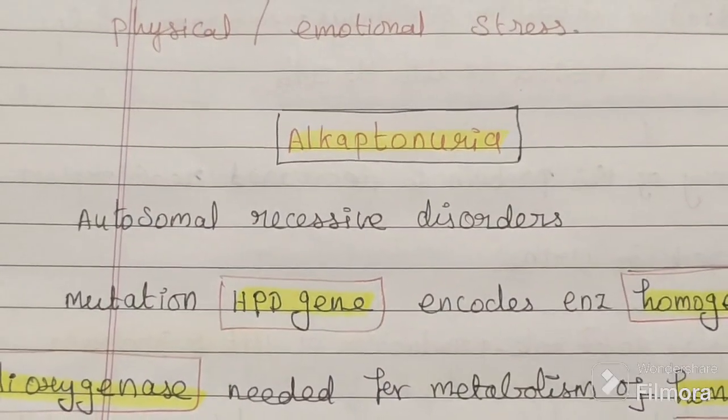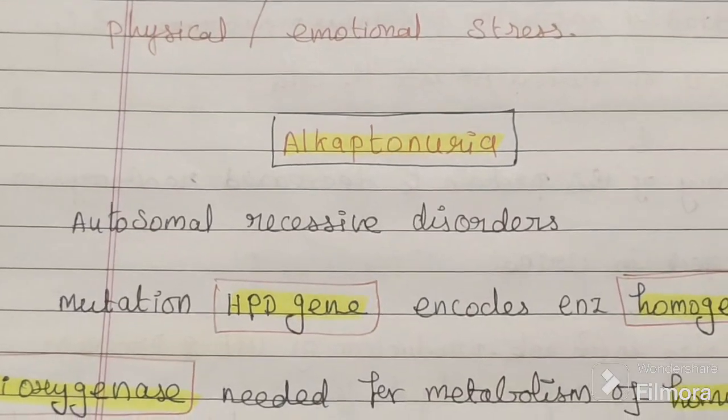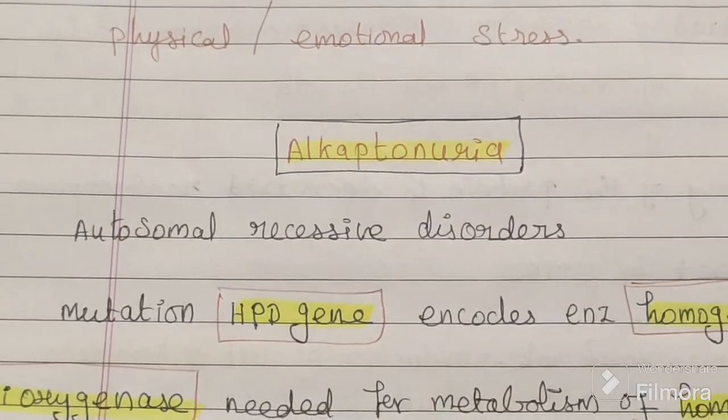Next condition of inborn error of amino acid metabolism, alkaptonuria.